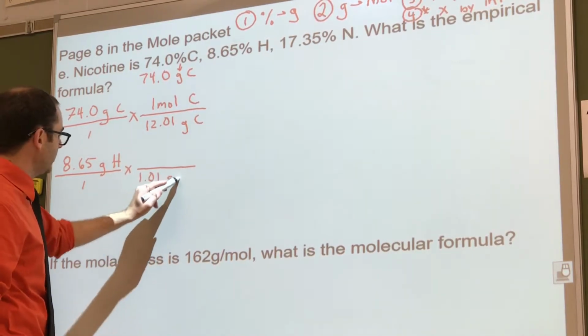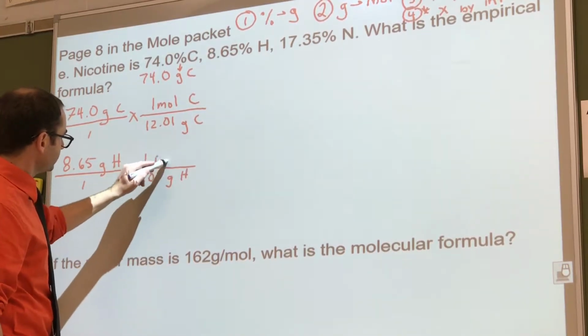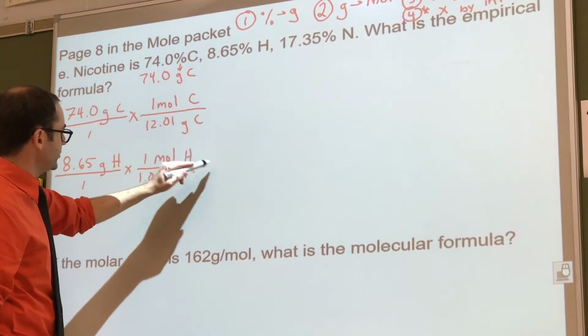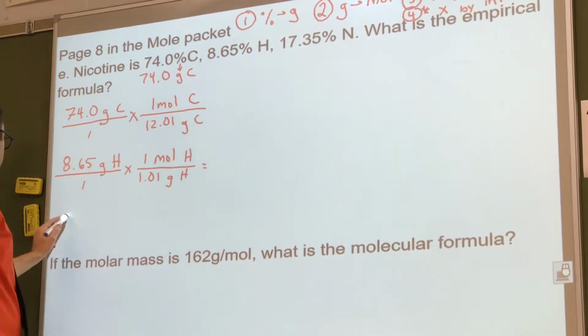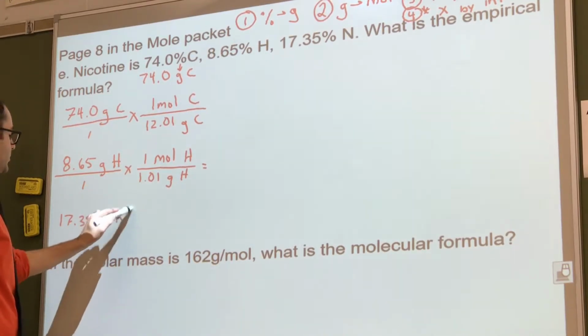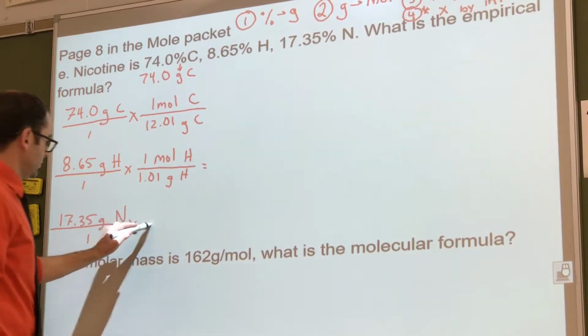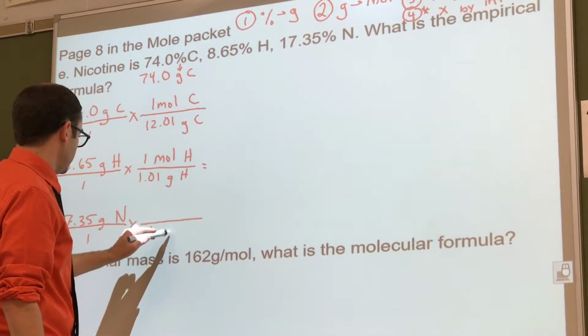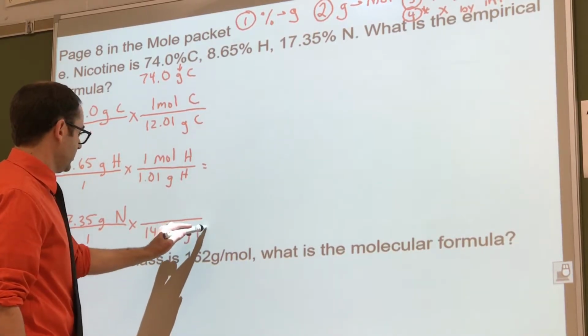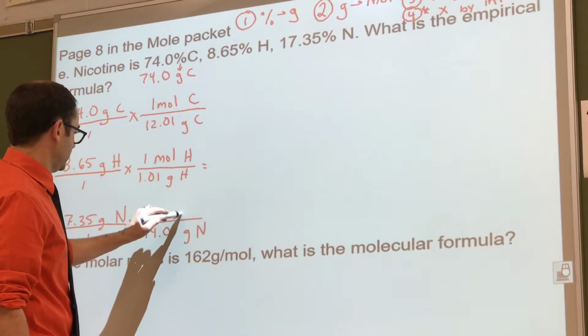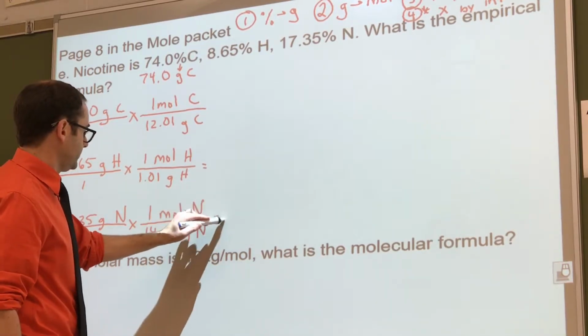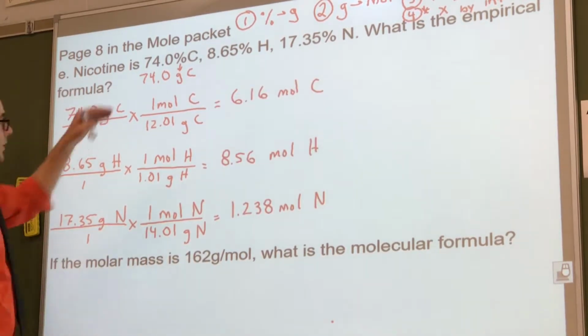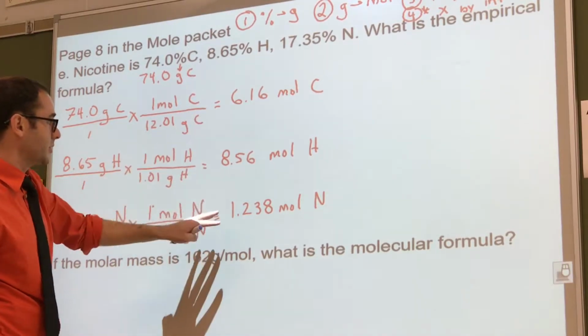It's 1.01 grams of hydrogen per 1 mole of hydrogen. And the last one, 17.35 grams of nitrogen, and 14.01 grams of nitrogen per mole. Okay, so once we plug it into the calculator, we'll get these numbers here.